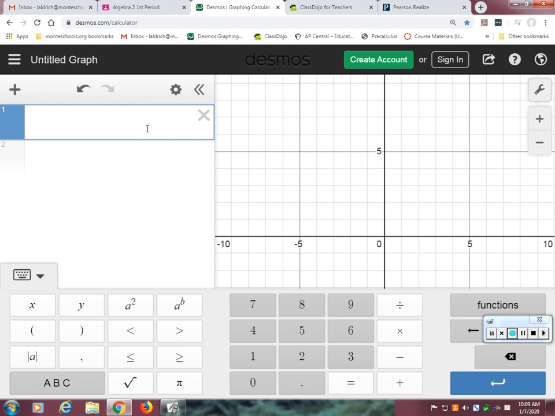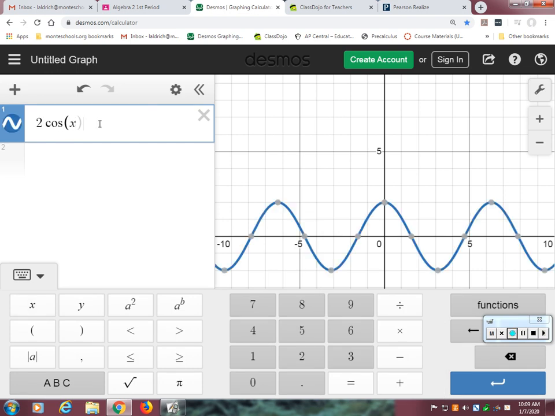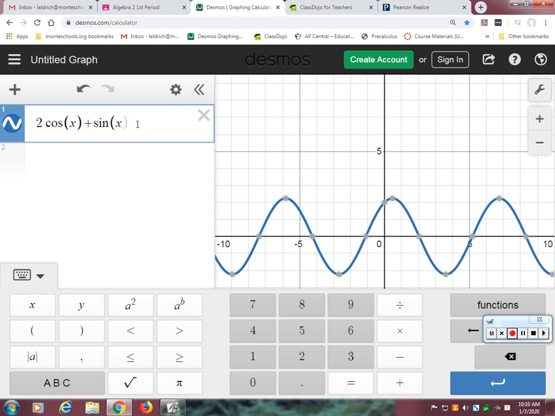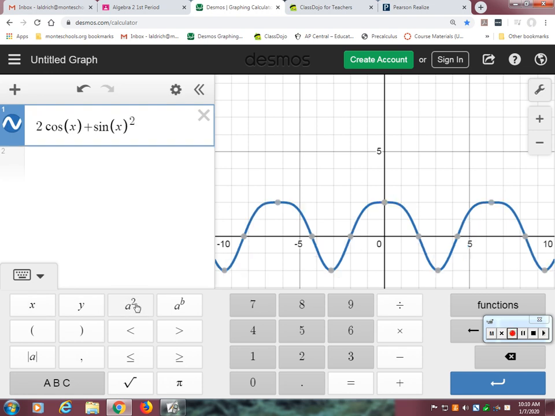What was the original function? 2 cosine. Oh yeah, that's right. So here are our, hang on just a second.